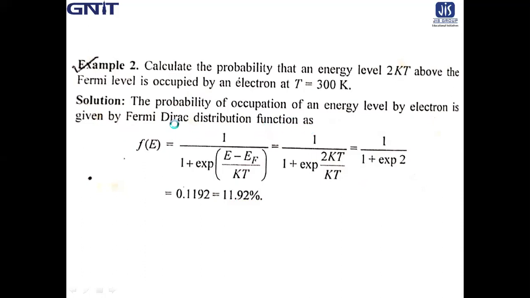So from this expression you can easily solve the problem. f(E) is equal to 1 by 1 plus exponential of (E minus EF) by kT. So it is 1 plus exponential of E minus EF, that is 2 kT, already given, by kT. So it is e to the power 2, so it is 0.1192, that is 11.92%.